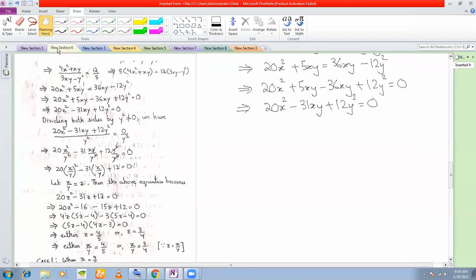Okay, so now we have got everything on one side. Since we want to find x is to y, or x by y, we divide both sides by y². If you divide both sides by y², you have to divide each term by y².